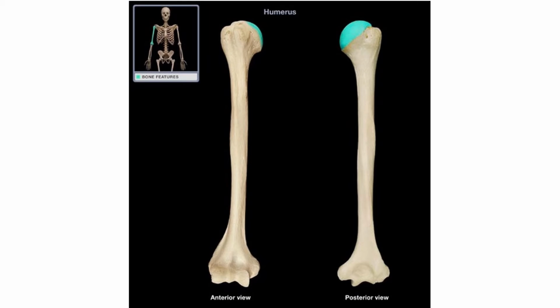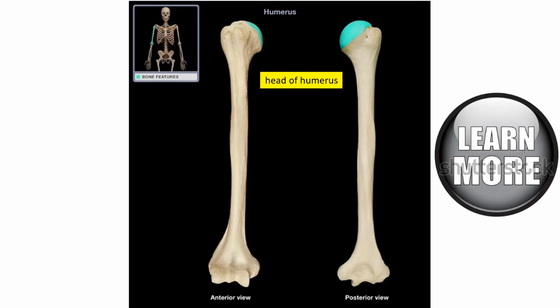This is the part articulating with the glenoid cavity of the scapula. It is the point of attachment of the upper limb to the pectoral girdle.